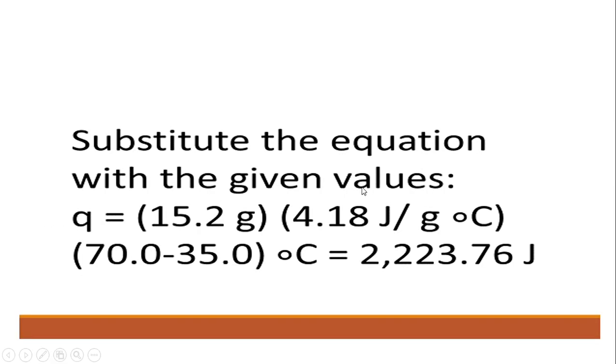To substitute the given values, Q is equal to 15.2 grams times 4.18 joules per gram per degree Celsius times 70.0 minus 35 degrees Celsius. We have 2223.76 joules. So that's it.